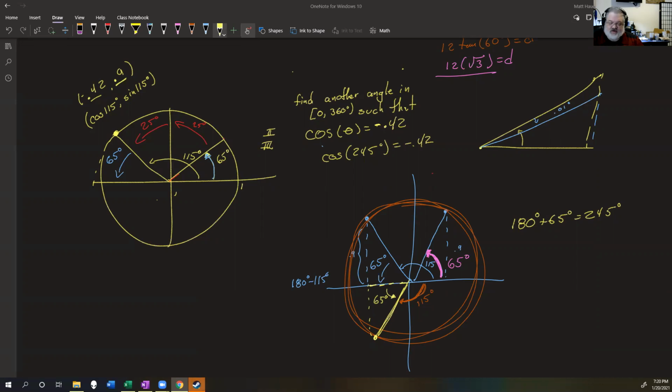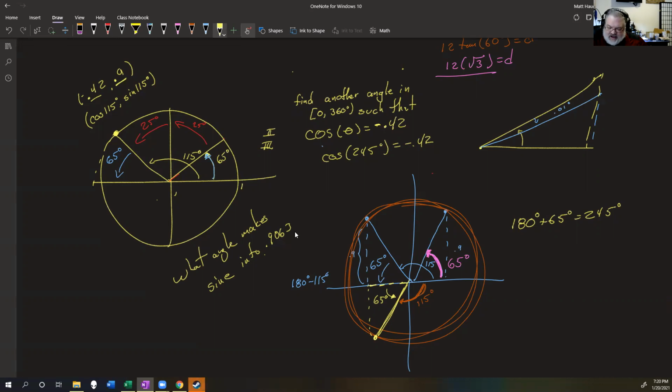So this question of what other locations this same value comes up is going to be important. So for example, if I had said, what angle makes sine into 0.9063, I think it was.